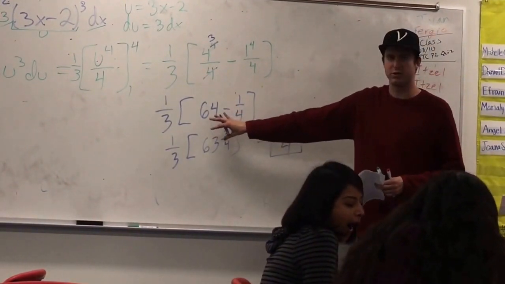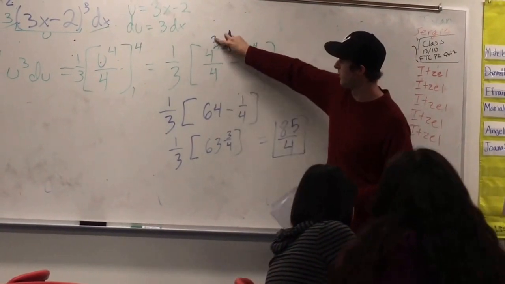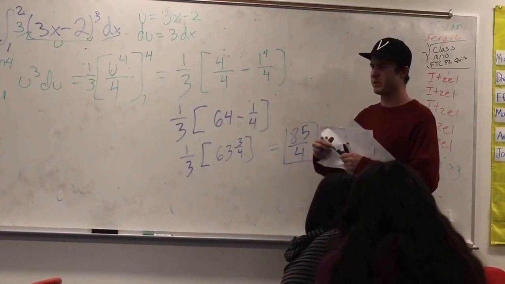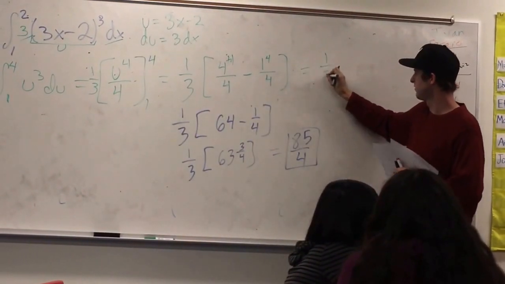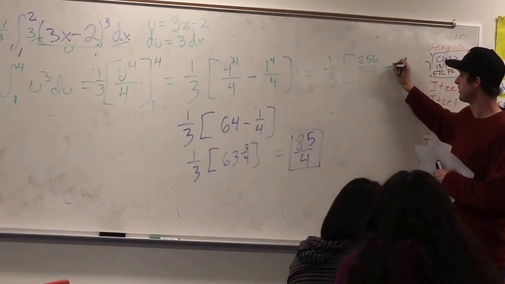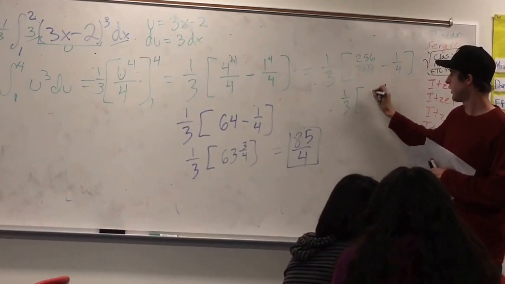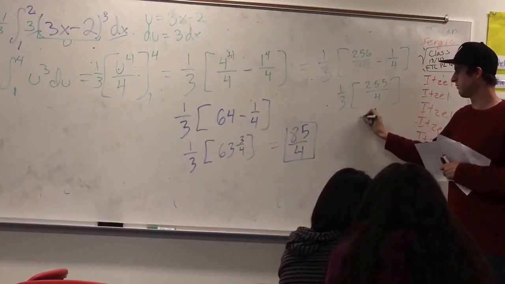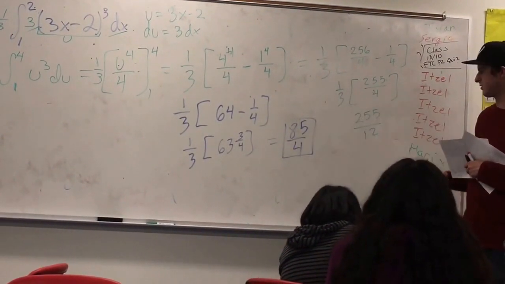One thing that you could do that might work is, see how when I cancel out the 4, it gets rid of my common denominator? So maybe a different strategy is just doing 4 to the fourth power is 256 over 4 minus 1 over 4, which gives you 1/3 times 255 over 4, which is 255 over 12, because you just multiply across.